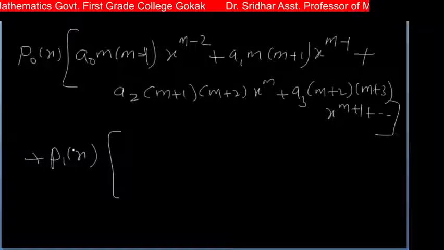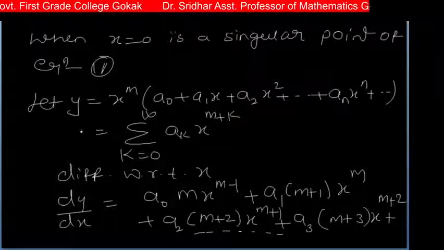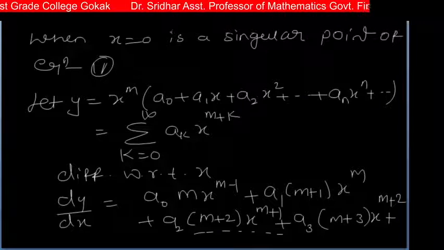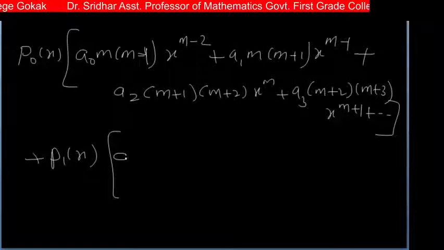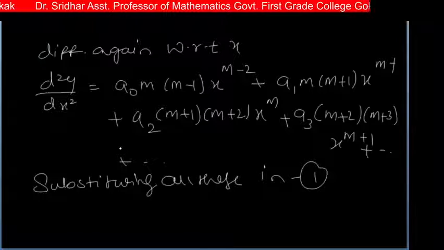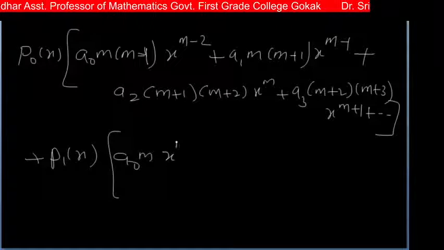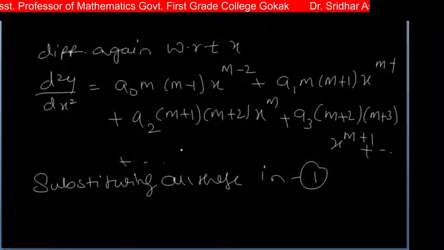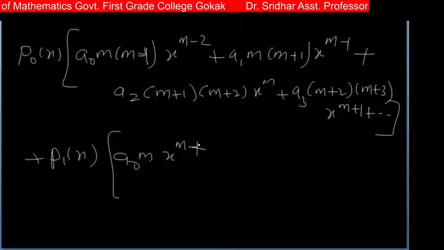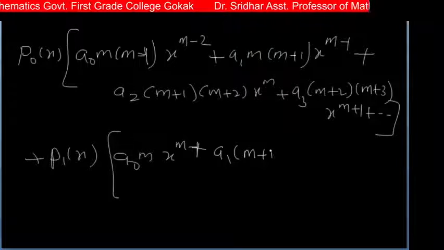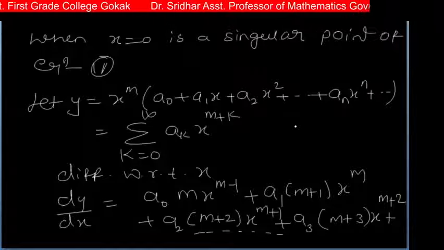p1 of x into dy by dx, this is dy by dx: a0 m into x to the power m minus 1, then plus a1 into m plus 1 x to the power m.